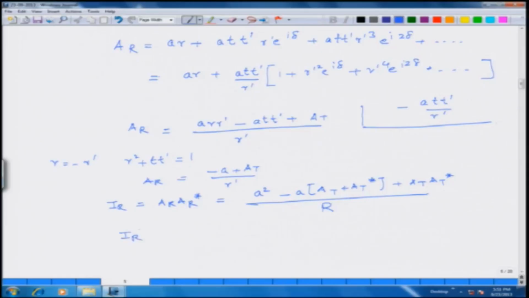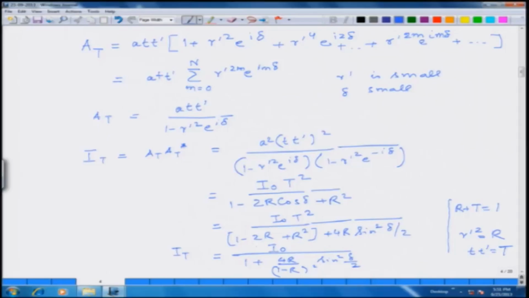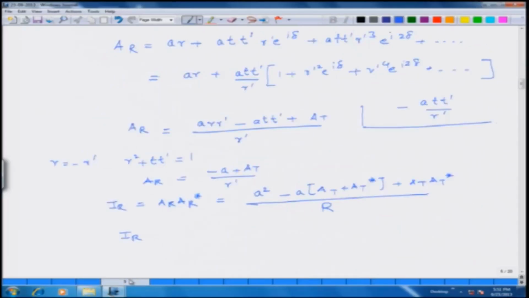So, we are going to use the same relationships that we have used, and use the relationships for I t that have been shown earlier. Basically, I t is equal to this value. So, wherever we need to put in cos delta, we can change it in terms of I t and r.